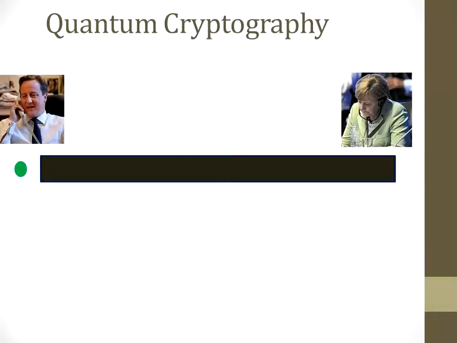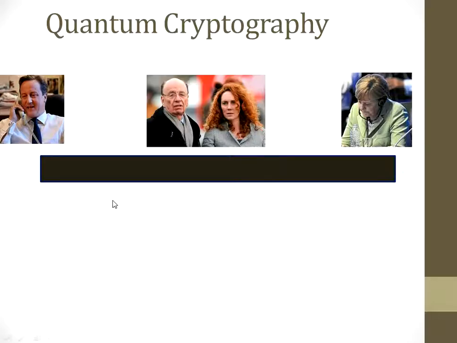So quantum cryptography. So here's David Cameron and Angela Merkel, and they're on the phone together, and David Cameron's sending information to Angela Merkel. Now, a cool thing about quantum cryptography is we can stop hackers getting our information. So let's say we bring in two hackers from the News of the World. David Cameron is sending his information, but it's getting hacked by the News of the World hackers.